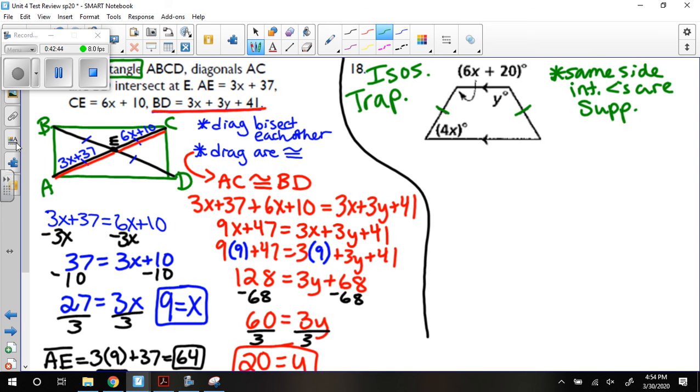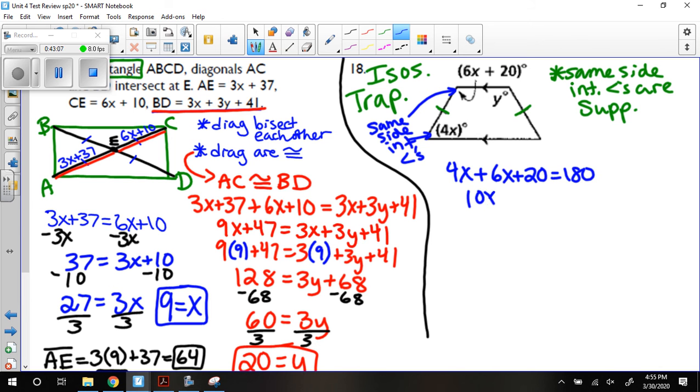Okay, so that means they're going to add up to 180 degrees. Okay, these 2 are my same side interior angles. So I can say that 4x plus the 6x plus 20 adds up to 180.